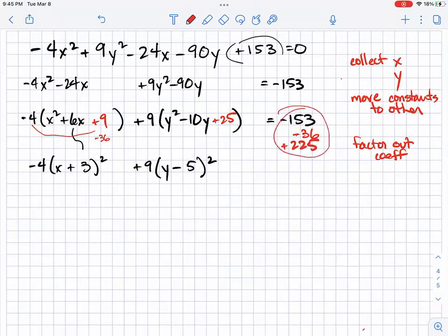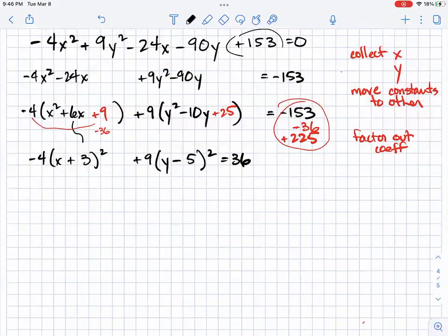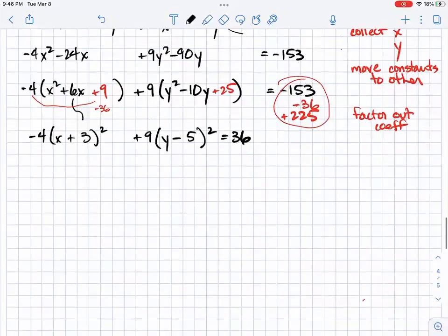And then we can simplify this. We end up with, I think that's 36. $89. Yeah, sorry, just double checking the sum of the numbers on the right hand side.